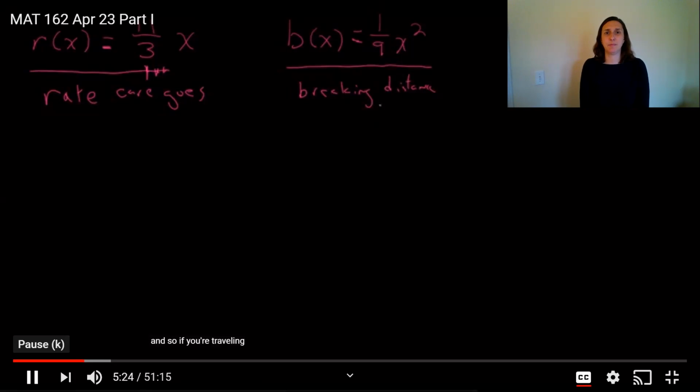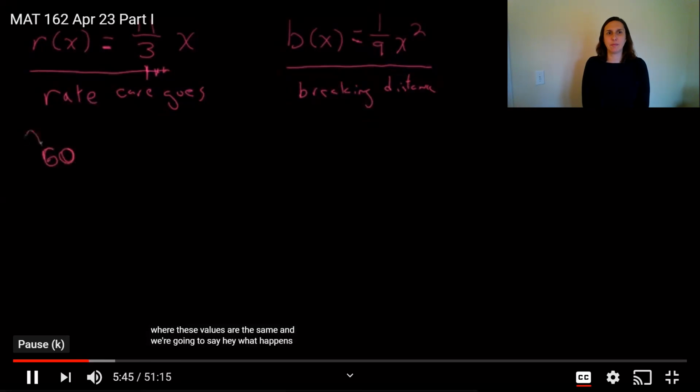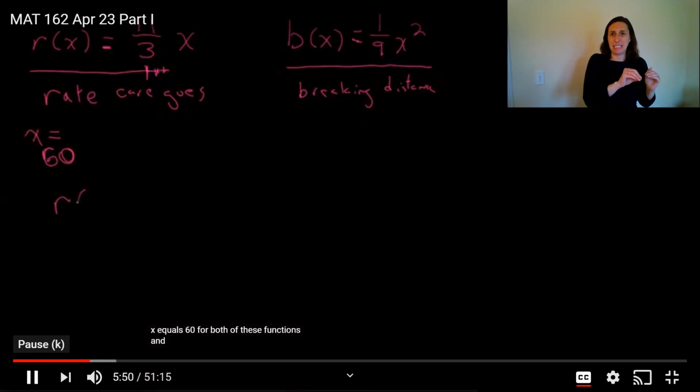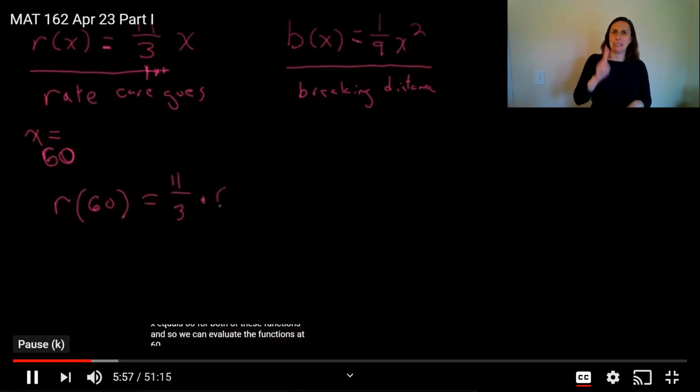And so if you're traveling for a certain amount of time, or a certain distance, and you have your reaction time coming in, so this is your reaction time and your time to brake, you can find where these values are the same. And we're going to say, hey, what happens when x equals 60 for both of these functions? And so we can evaluate the functions at 60.